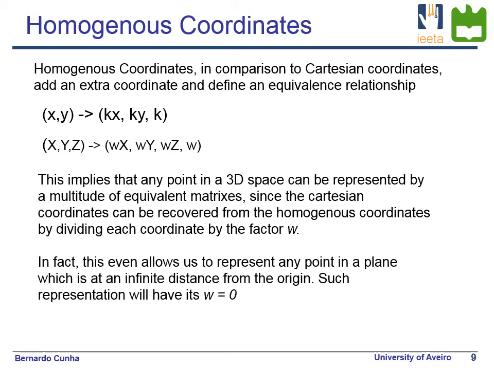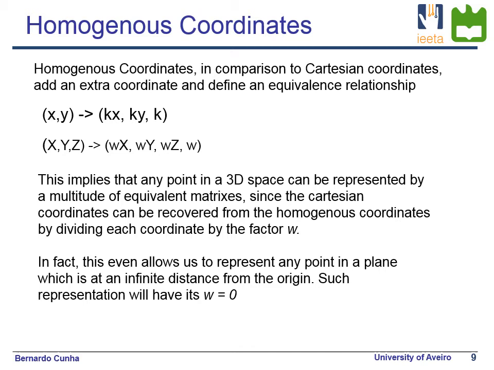This has two extra advantages, one of which we'll look at in the next slide, and the first one is that this use of homogeneous coordinate systems allows us even to represent any point in a plane which is at an infinite distance from the origin.